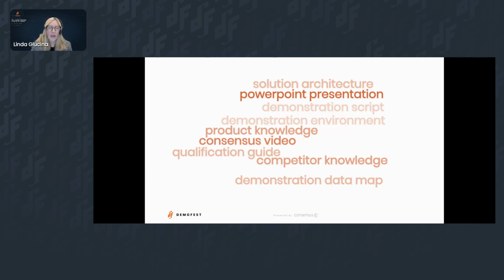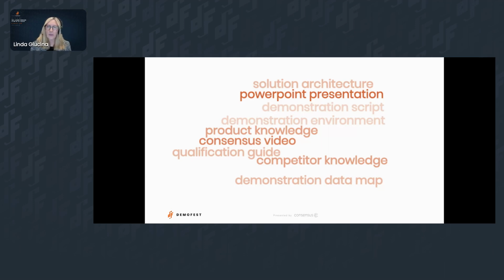the website. We create all the qualification guides, so what tools our channels use and what we use internally to qualify an opportunity. All the competitor knowledge. We create documentation to the feature functions, comparisons, and demonstration data maps. Also, we use Loopio as well.